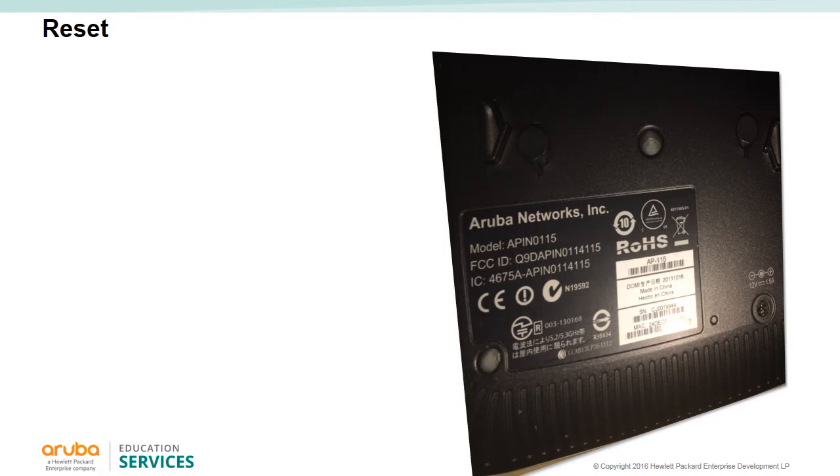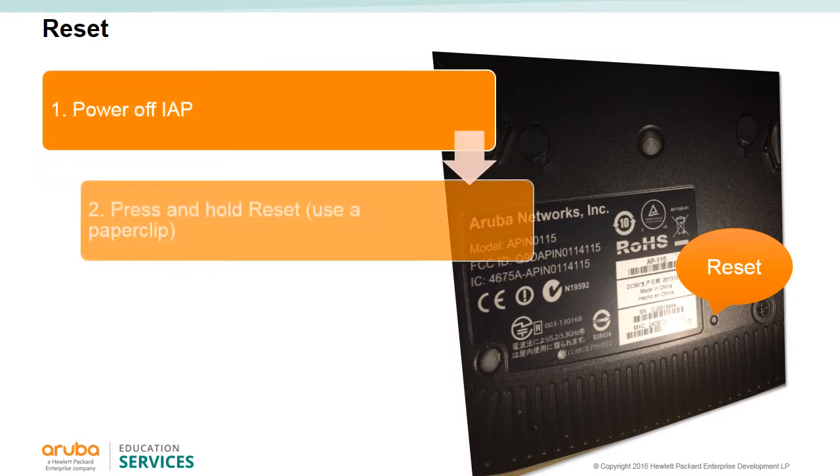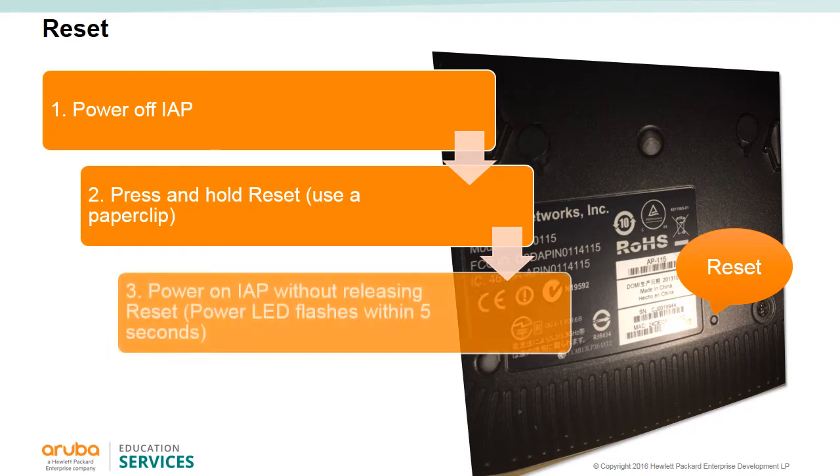If the IAP had been converted to a RAP or a CAP, or simply needed to be totally reset, then a pin reset would reset this device to a factory default configuration, a basic IAP. The reset button is located on the back of the IAP. Here are the following steps to reset the IAP. Power off the IAP.